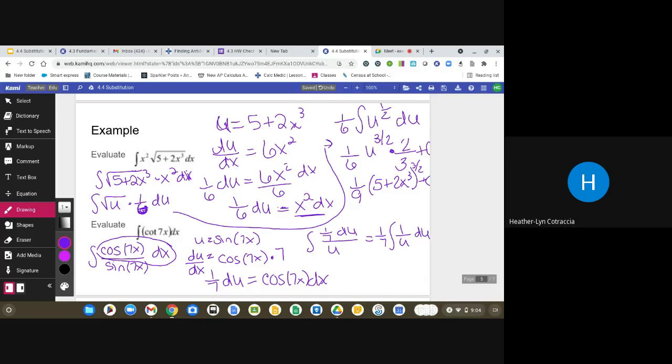This is one of our rules, that's actually natural log, absolute value. So that will be equal to 1/7 the natural log of the absolute value of u plus c. Substituting in for u, you get 1/7 natural log absolute value of sine 7x plus c. And yes, it is the natural log of the absolute value. You can't take the natural log of a negative number. And there's your answer.